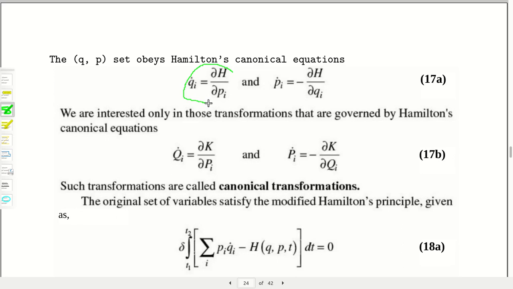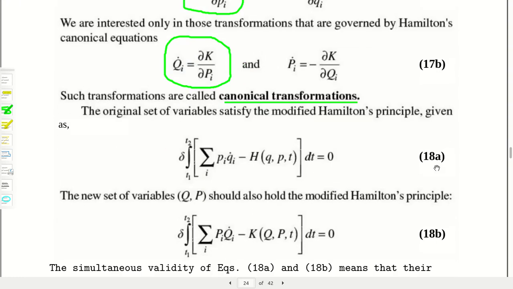See this equation, qi dot is equal to del H del pi. Here in case of new coordinates, Qi dot is again del K del Pi. So the equations are invariant, we can say. So if they are invariant, then the transformation of coordinates from small q to capital Q will be called a canonical transformation. Okay, this is the definition of canonical transformation.